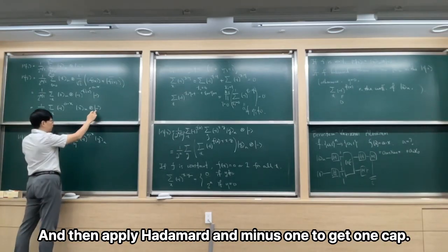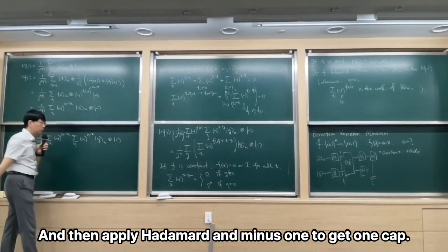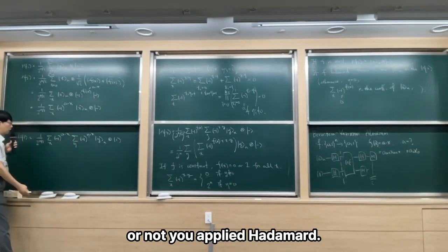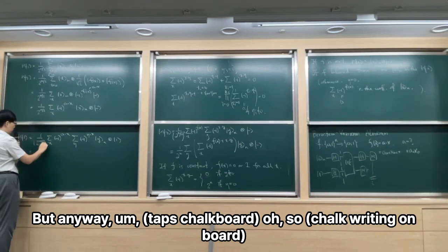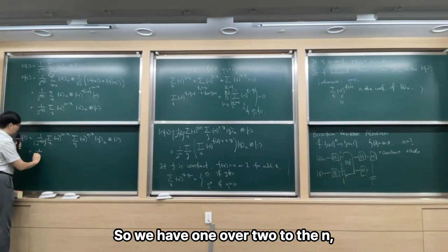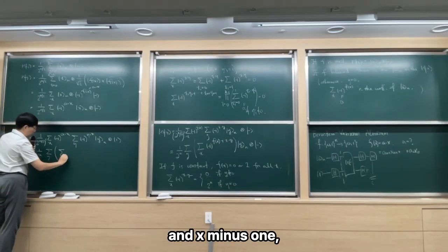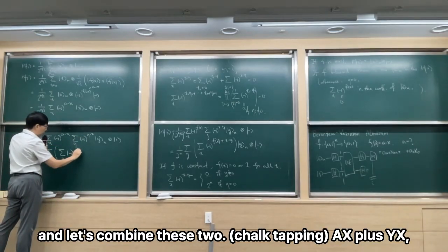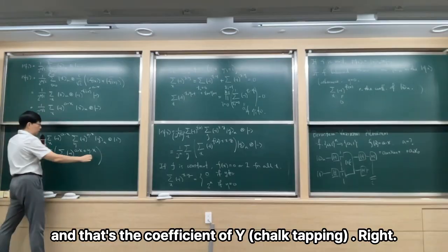And then apply Hadamard to the minus to get 1 ket. So it really doesn't matter whether or not you applied Hadamard. So anyway, I have another coefficient: 1 over 2 to the n, sum over y and x of minus 1 to the a times x plus y times x, and let's combine these two. That's the coefficient of y.